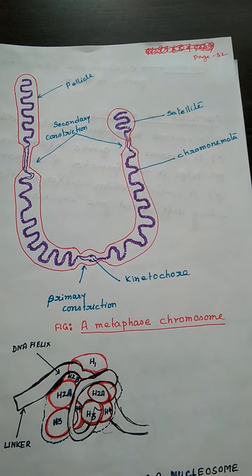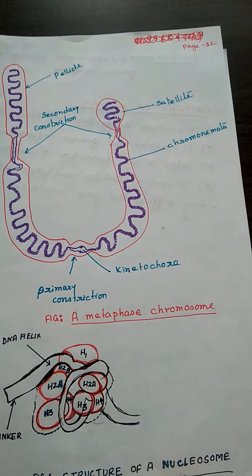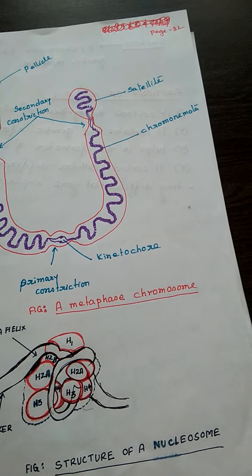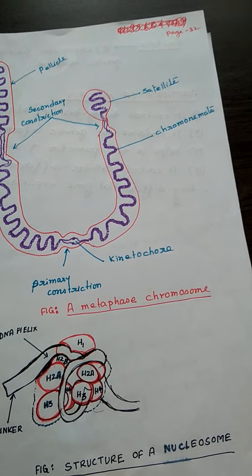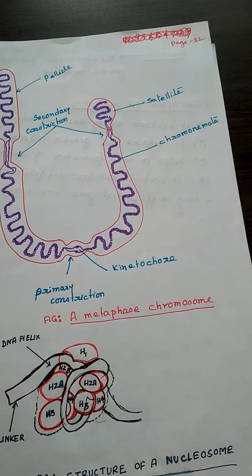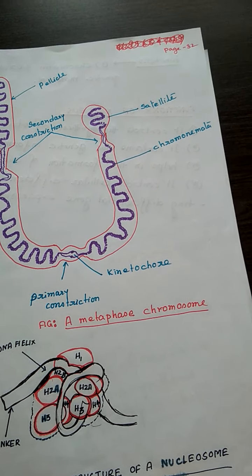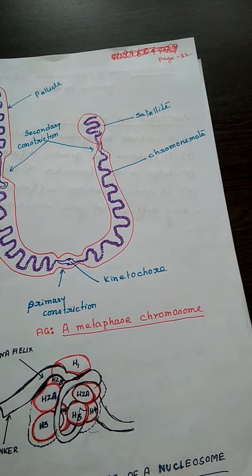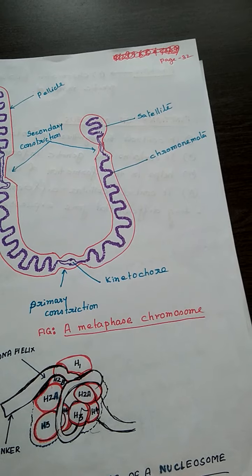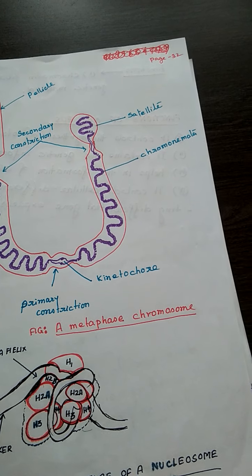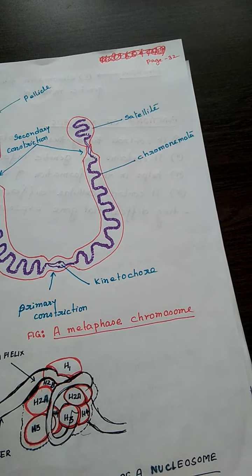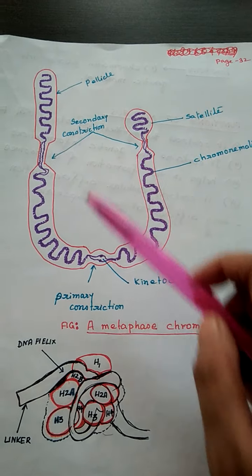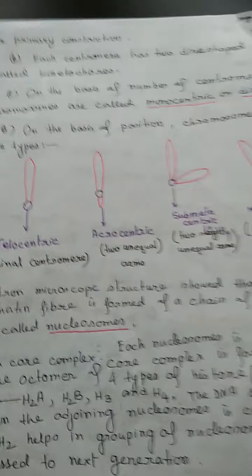Now, on the basis of the number of centromeres, chromosomes are called monocentric or dicentric, and on the basis of the position of the centromere, chromosomes are of four types, depending on how it is structured.